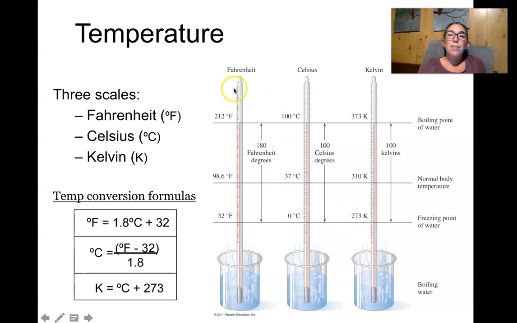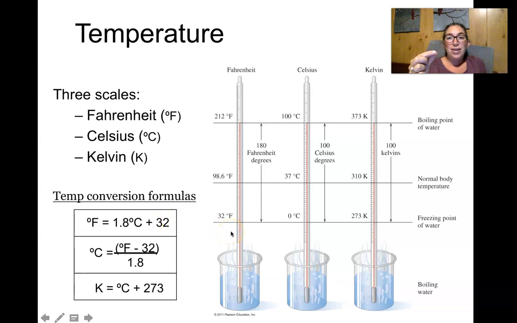Okay, but if you compare Fahrenheit and Celsius, if you look at the dash marks, the degree sizes are different. Fahrenheit degrees are smaller than Celsius degrees, so you can't change from Fahrenheit to Celsius with simple addition. You have to use a slightly more complicated conversion. So Fahrenheit is actually 1.8 Celsius degrees plus 32.